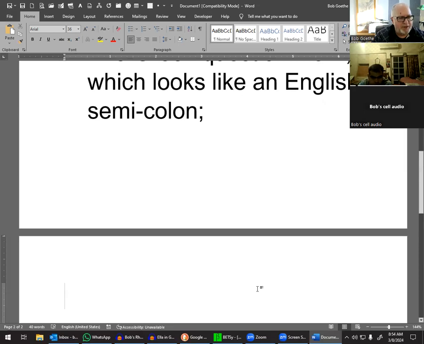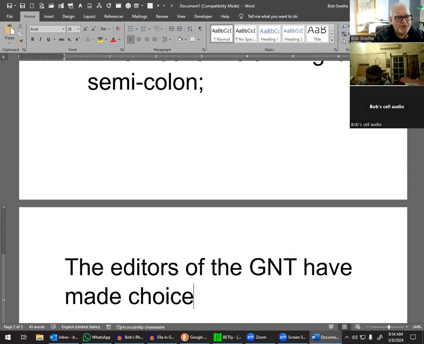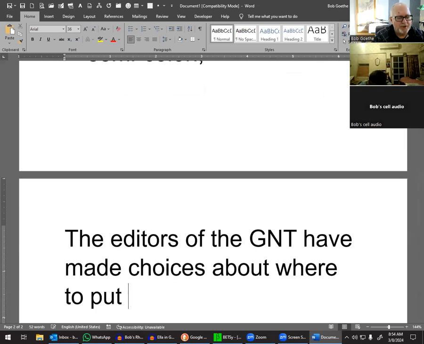The editors of the Greek New Testament have made choices about where to put paragraph phrases.